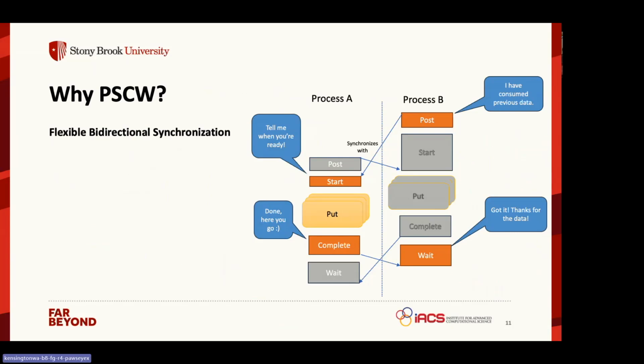That gives you some safety guarantees, and the same is true when you're done with your operations on a different process's memory. You can say, I'm done now, and the other side can wait for you to say, I'm done now.